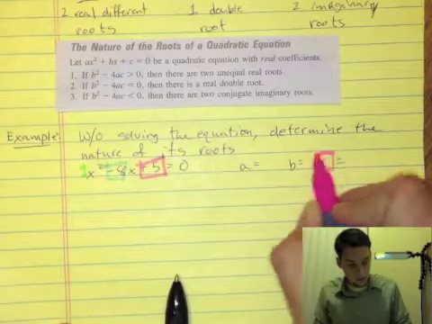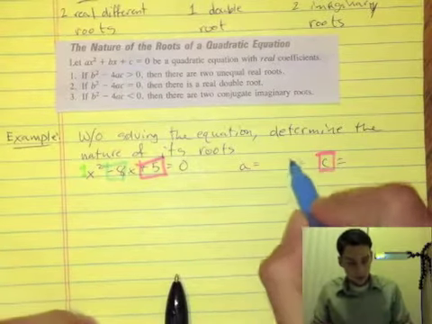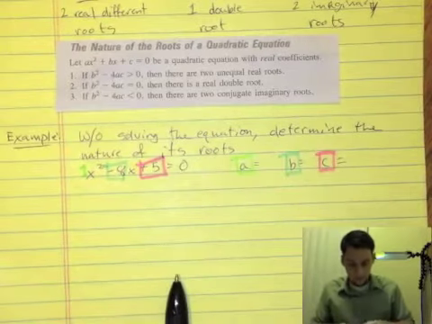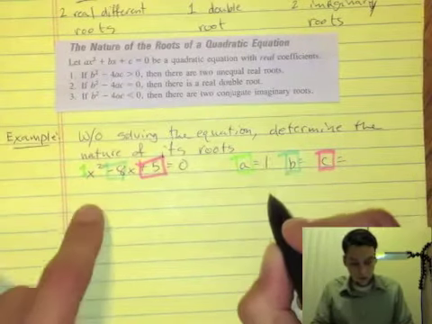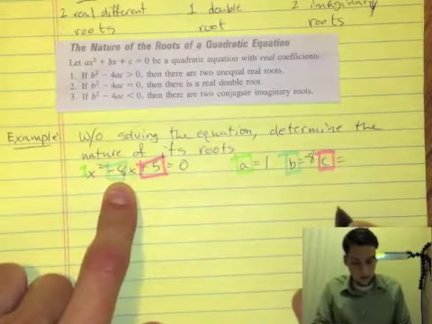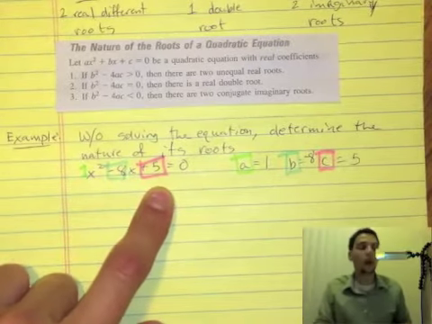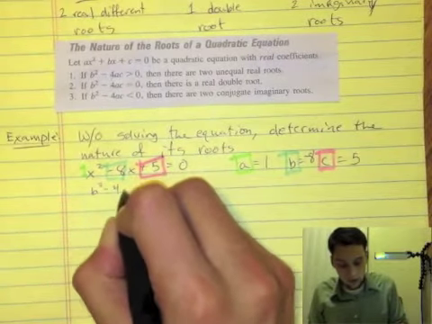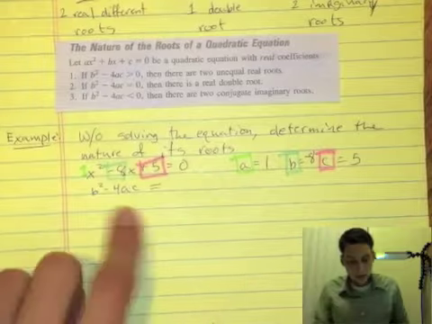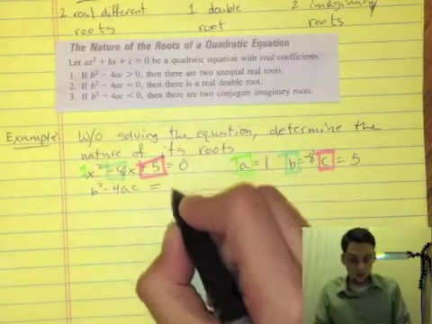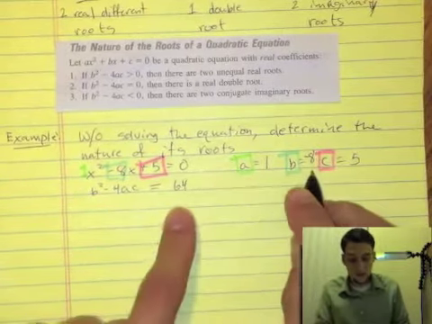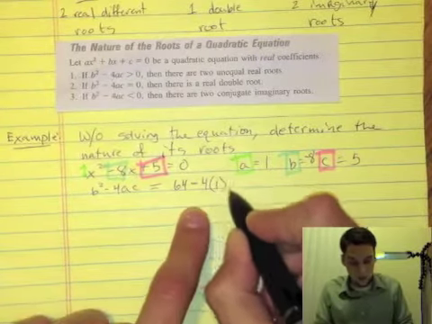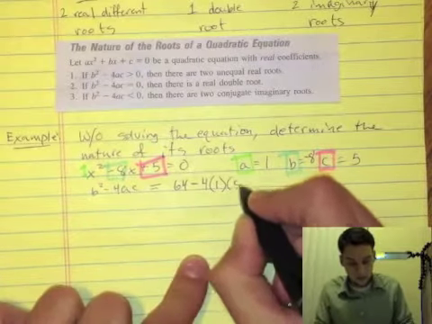So we'll have 1 for A, -8 for B, and +5 for C. So our discriminant, which is b squared minus 4ac, is b squared, 64, -8 times -8, minus 4 times a, which is 1, and c is 5.